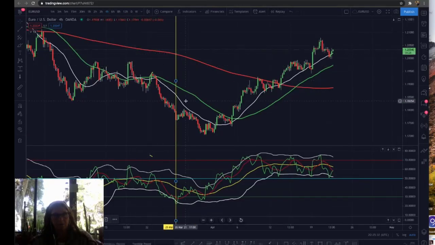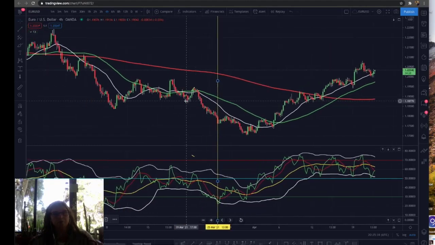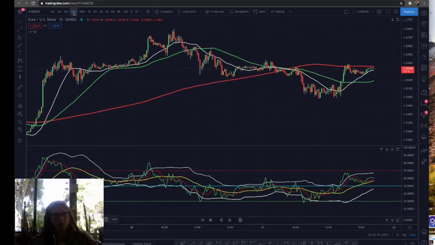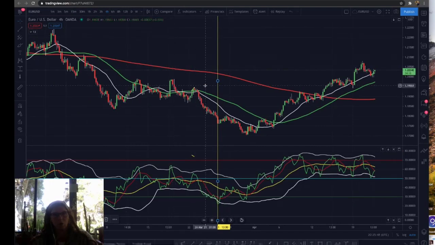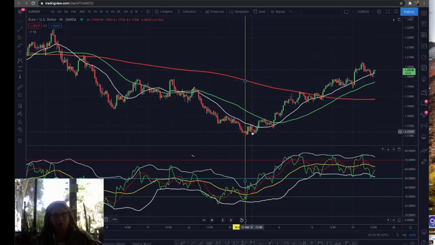Okay, so let's go over it all. What are the rules? So if you're going to start out on the 15-minute time frame, you're going to move up to the 4-hour and see what our trend is. Our trend is now to the upside. Well, you wouldn't see this. Okay.